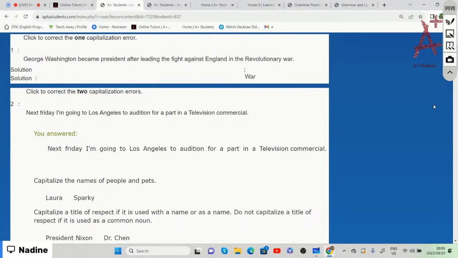The same with names of people and places. As much as we take it lightly, you do find people who put emphasis on writing certain words with capital letters, like your name, your surname, second name, initials, and titles of respect.